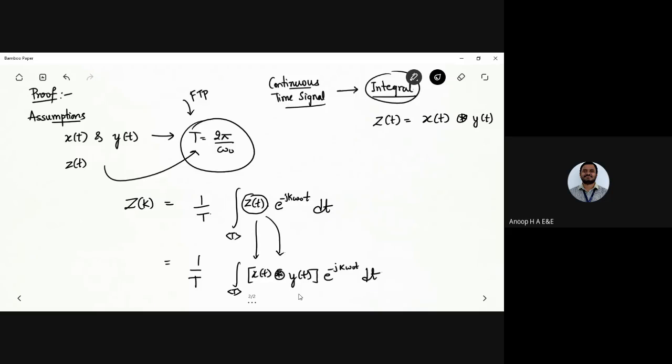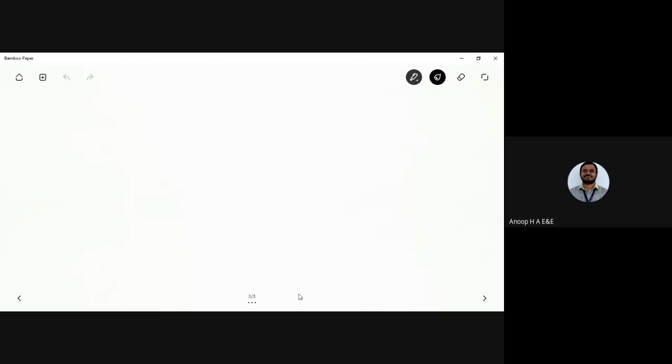Moving on to the next one. What is the definition of the convolution, general convolution or circular convolution here? What I'm talking about here is x of t convolved with y of t, which would be equal to an integral over the time period.